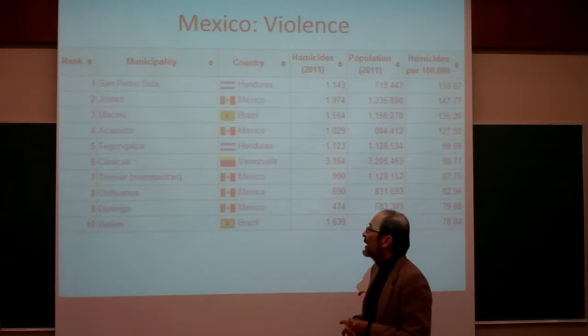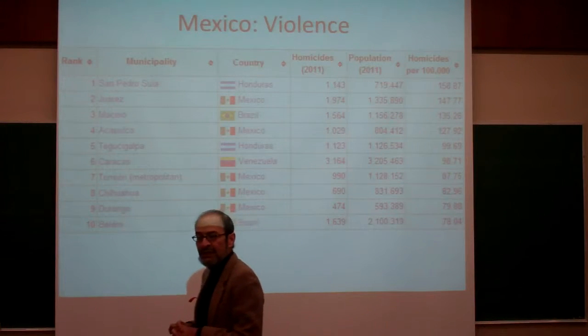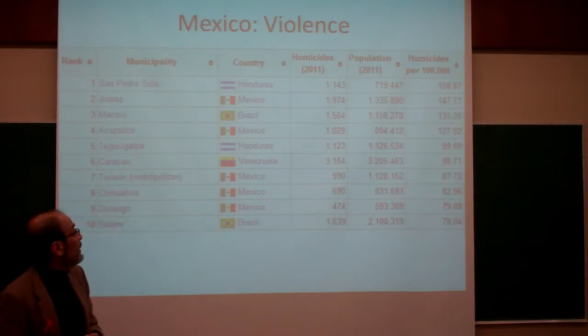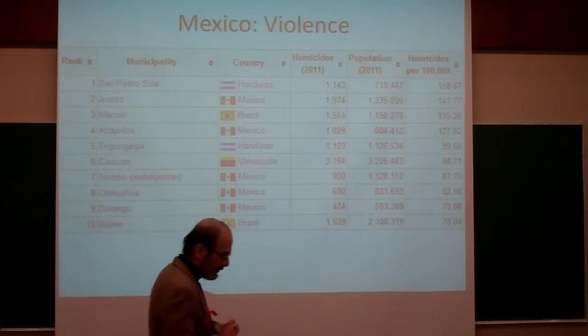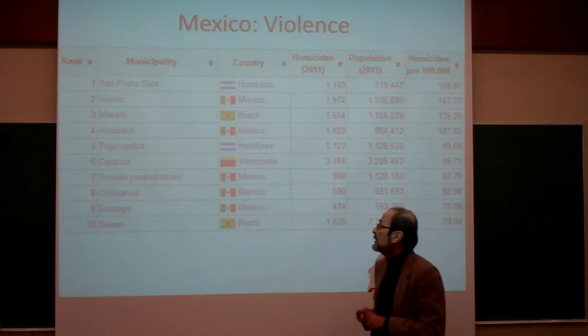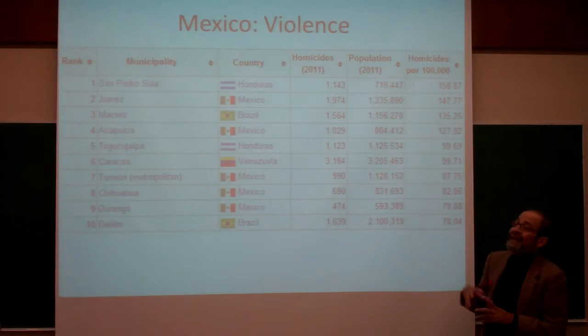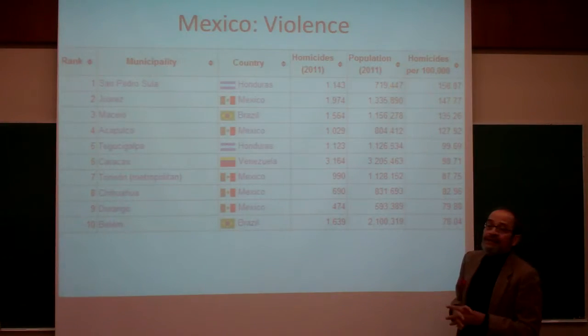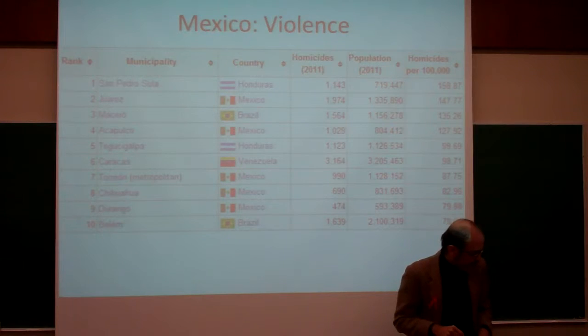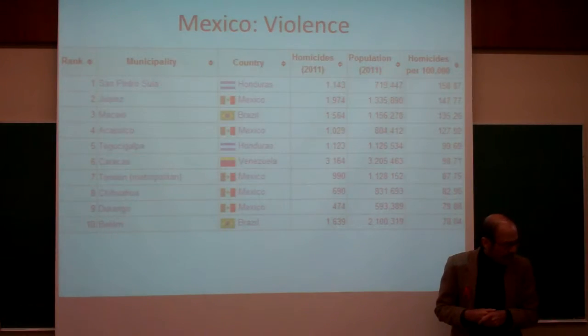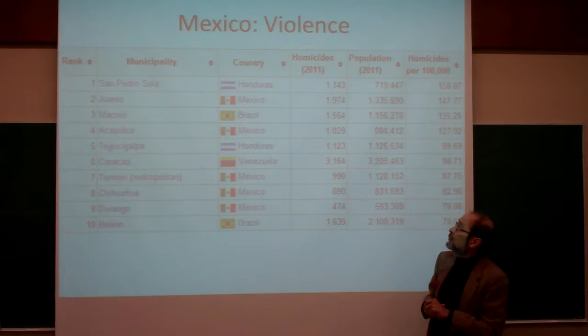Again, we do not hear that much about violence in Honduras. Similarly, for Venezuela. Caracas, the capital of Venezuela, is one of the most violent cities in the world. And these numbers are calculated in terms of homicides per capita. So, the denominator is taken into account.